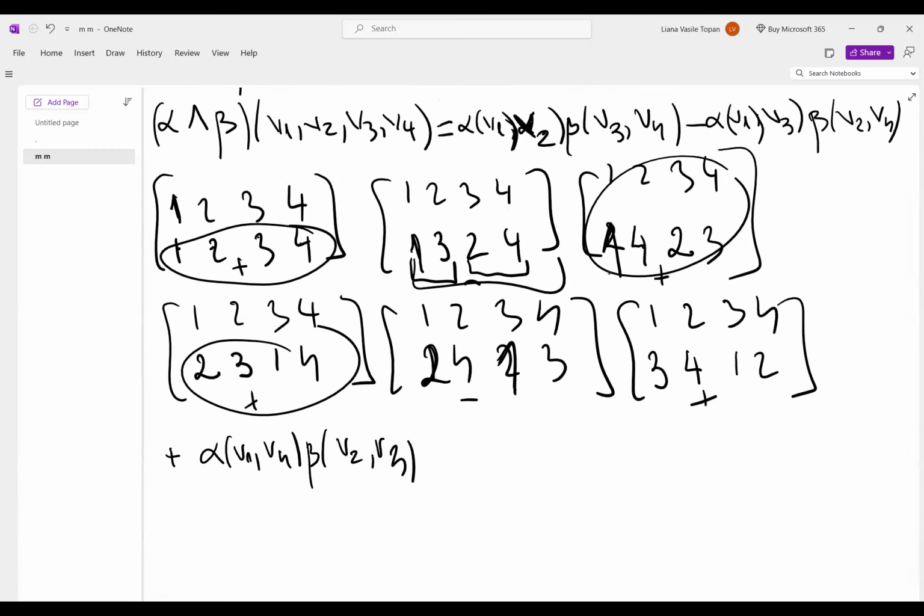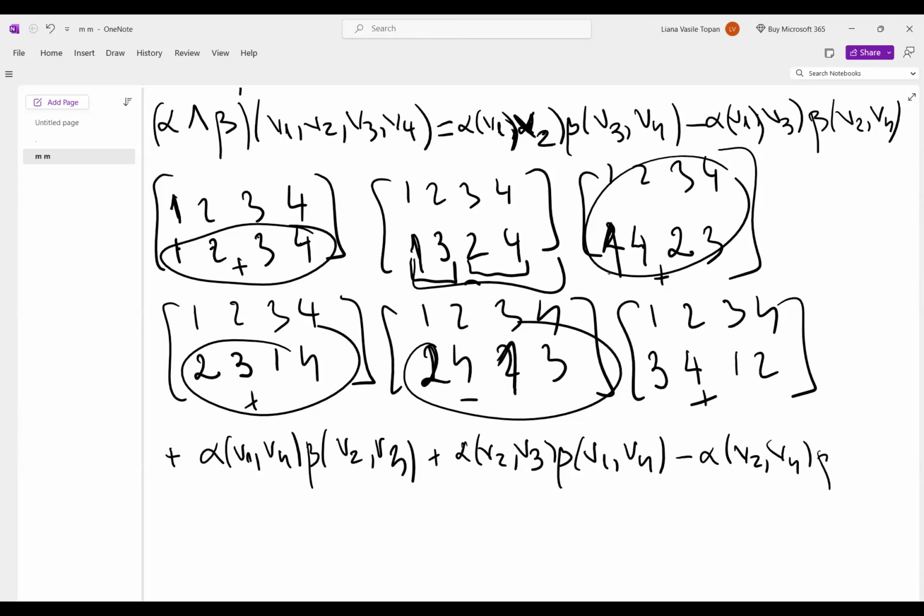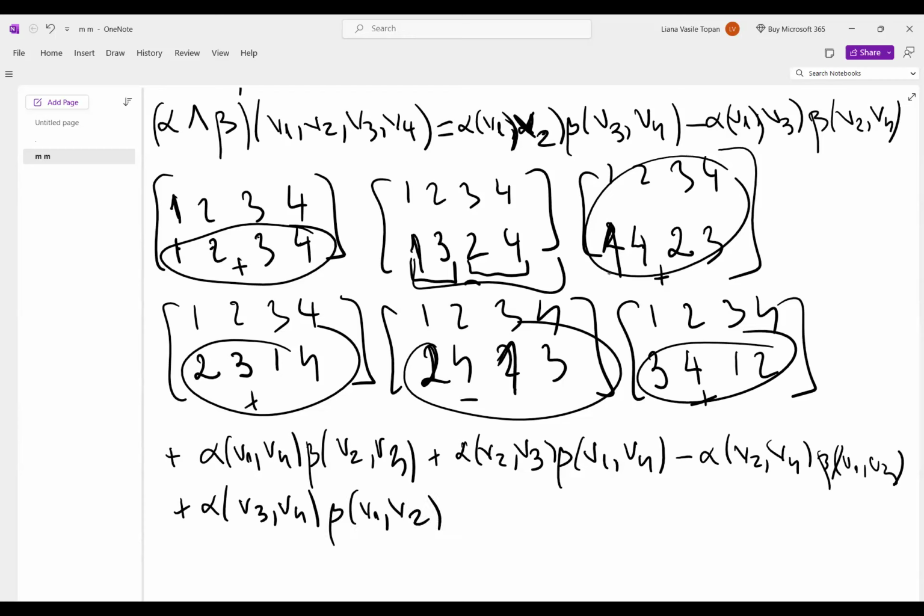Then this comes with plus alpha of v2, v3 beta of v1, v4. Here, minus alpha of v2, v4 beta of v1, v3. And finally, this one, positive, plus alpha of v3, v4 beta of v1, v2. So I think now it's pretty clear how we calculate the wedge product of alternating forms. All right, and now the wedge product has some nice properties.